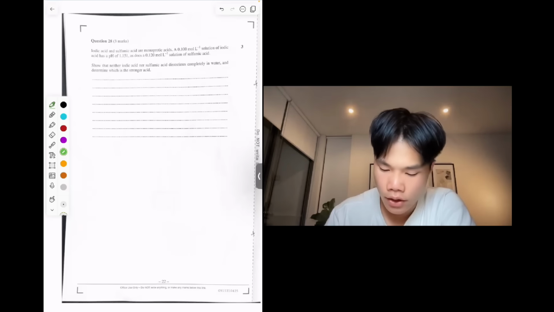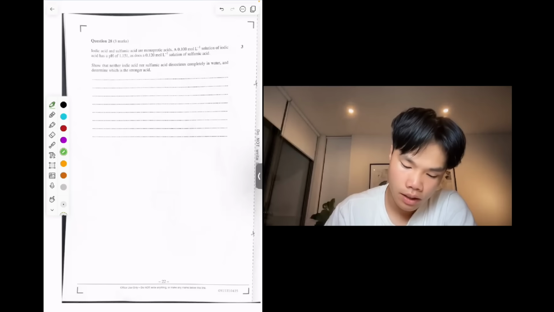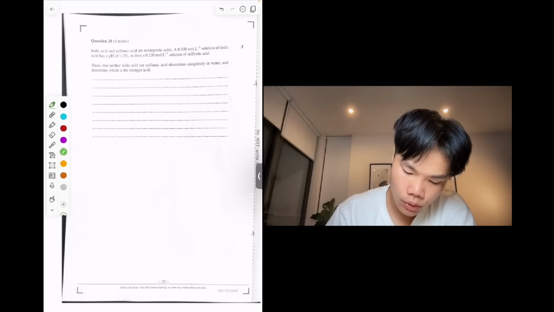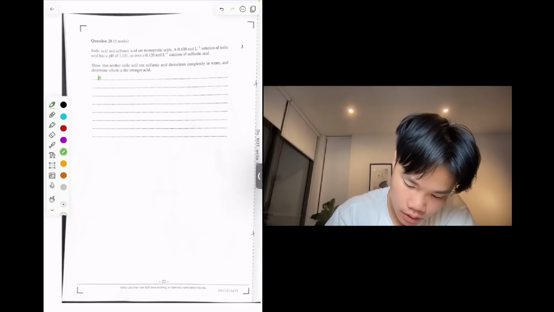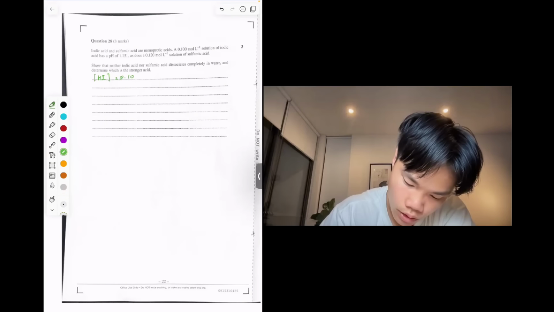And you can show that either from going from pH to concentration or from the concentration to a pH. And let's do iodic acid first. So HIO3 concentration is equal to 0.100.